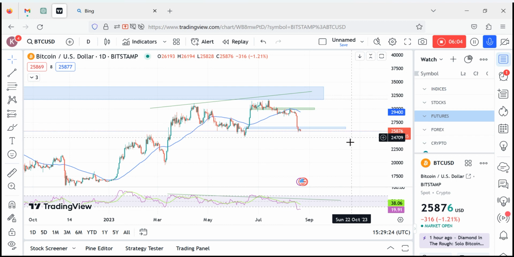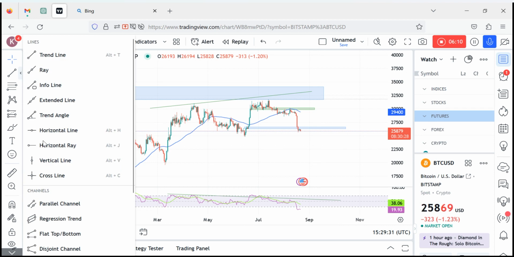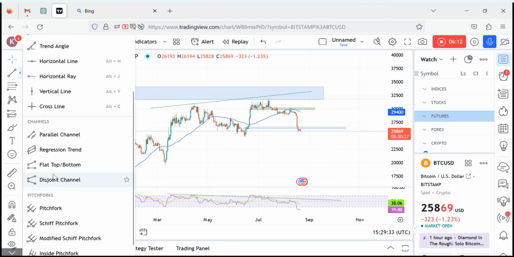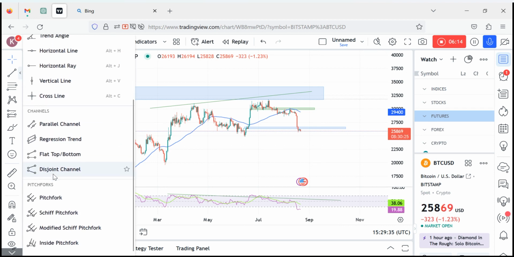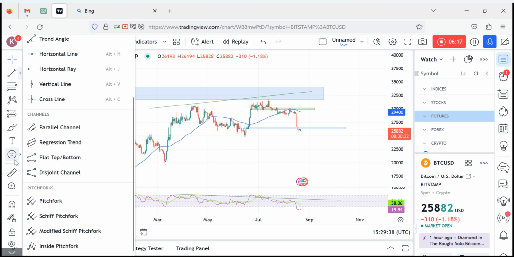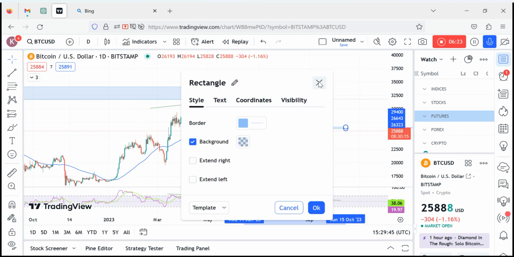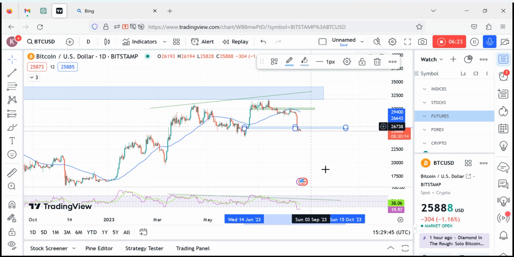So what the market is likely to do is retest this order block, the blue box here, and then drop down. So the market can go this way.